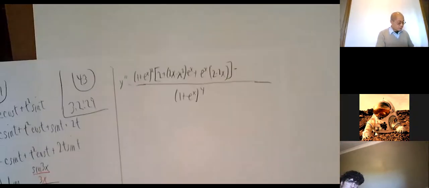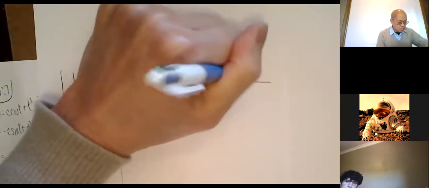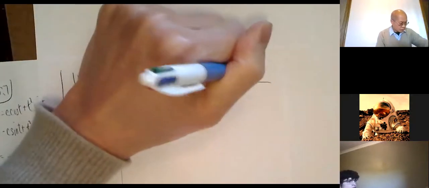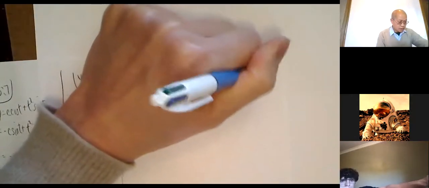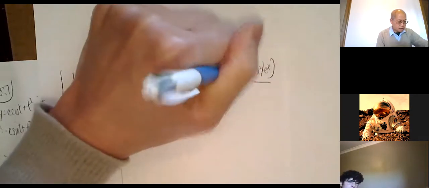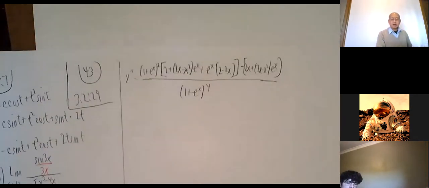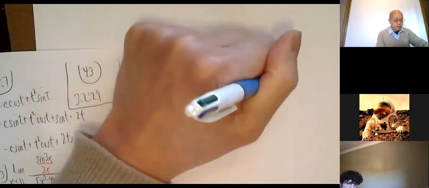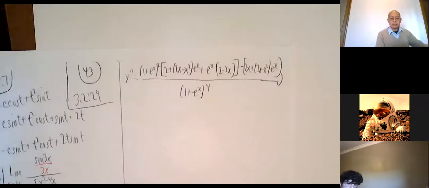Minus the top, may not have enough room here, 2x plus 2x minus x squared e to the x, times the derivative of the bottom, and I painted myself in the corner. I'll have to sneak it here.